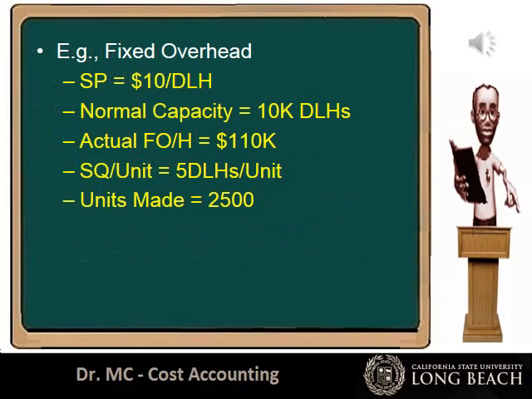Let us do an example. Assume that the standard price for fixed overhead is given as $10 per direct labor hour. Assume that the normal capacity is given as 10,000 direct labor hours. Also assume that the actual fixed overhead is given as $110,000. The standard quantity for 1 unit is given as 5 direct labor hours and your firm made 2,500 units.